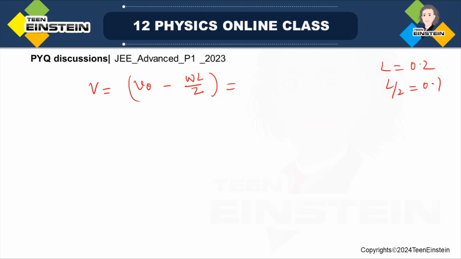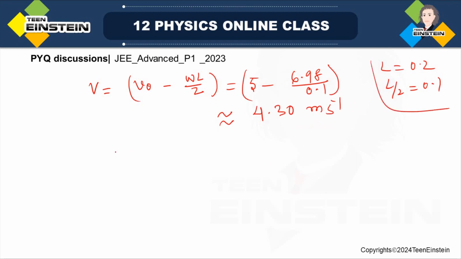So omega L by 2, V0 is given as 5 meter per second, and omega is 6.98 radian per second, and this is 0.1 here, so it will give you approximately 4.30 meter per second.